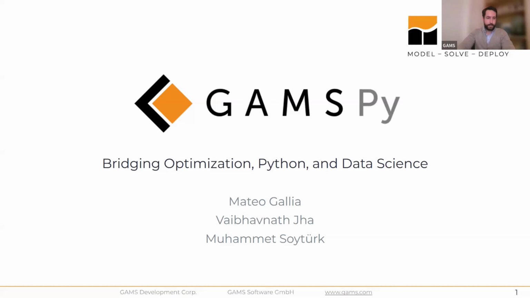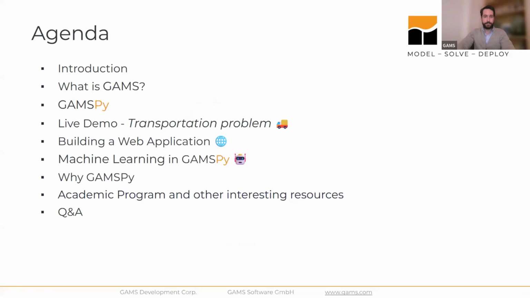So we're going to kick things off with a quick overview of the agenda for today's webinar. So if we can start the slides. Perfect. We go to the next one, which is the agenda. Perfect. So here's a look at what we have planned for you today.